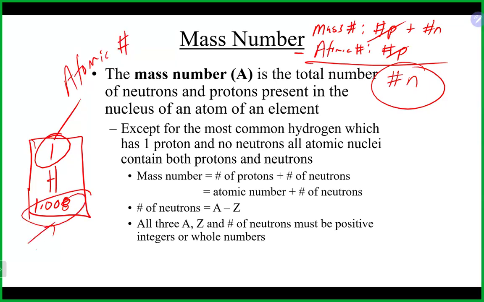Is this the mass number? The answer is no. The mass number, the atomic number, the protons, electrons, and neutrons need to be what type of number? They all need to be whole numbers. That is not a whole number. That is what is known as the atomic mass, which we'll talk about, but that is not the mass number.